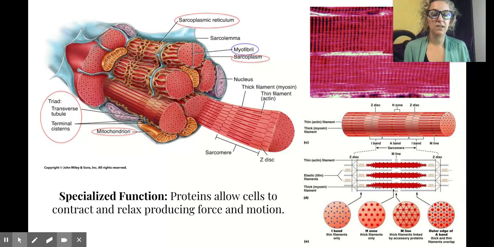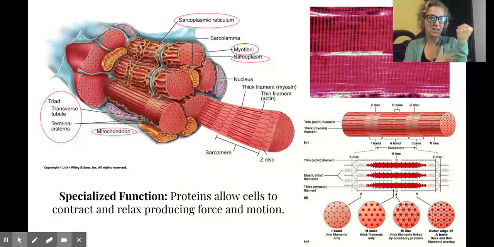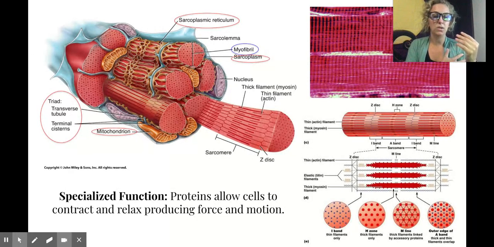Essentially, muscle cells, which are very, very long, produce these proteins called actin and myosin, and those proteins arrange themselves in a way that when muscle cells are stimulated by the nervous system, they can contract or become shorter. If you're flexing or lifting weights, your muscles are getting shorter to pull your bone up. And then muscle cells, once they're no longer stimulated by the nervous system, relax and extend. So again, you're writing your specialized function on your paper.